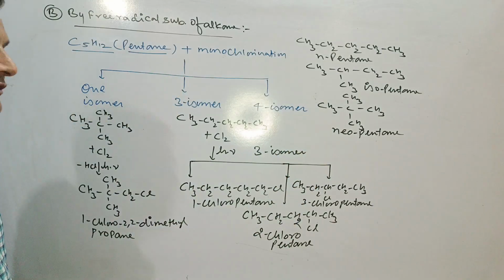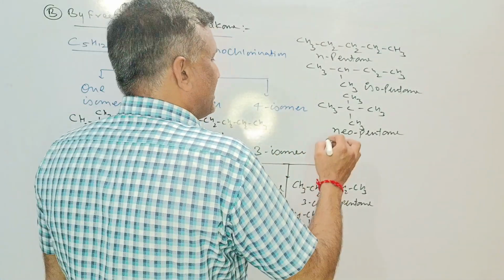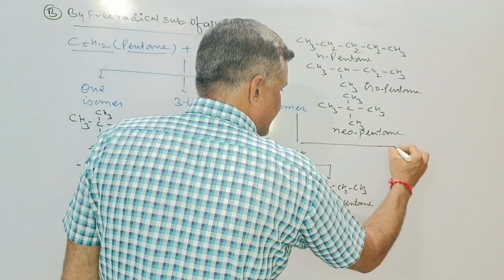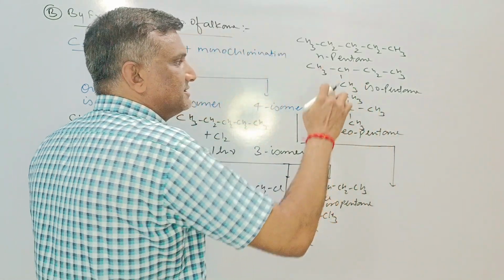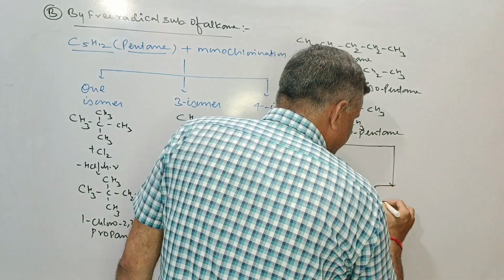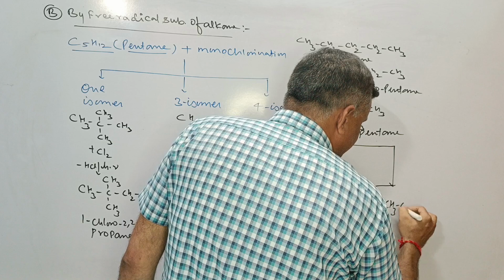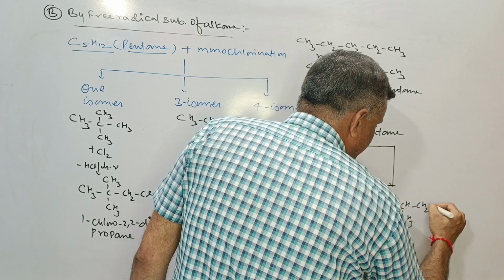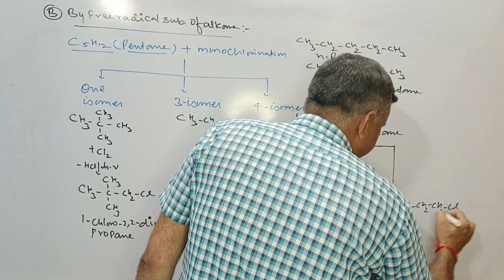Now I would like to go with the four isomers. Regarding the four isomers, we can take the example of isopentane. So the first isomer will be as follows. This is the CH3CH, this is the CH2, this is the CH2Cl.